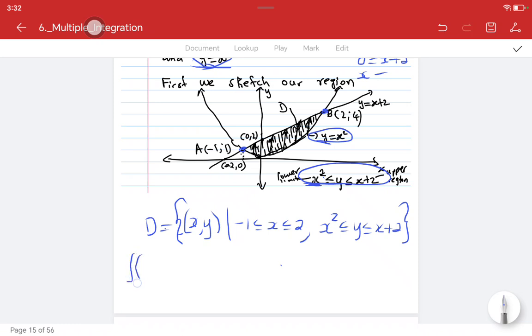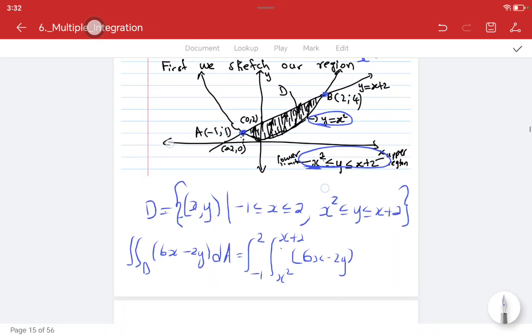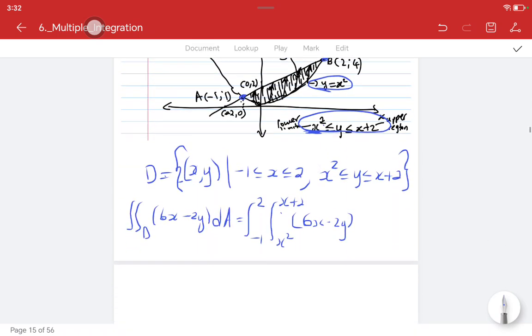So we know that the integral over D of 6x minus 2y dA will be equal to the integral from minus 1 to 2 of the integral from x squared to x plus 2 of 6x minus 2y, right? What's inside is the one with respect to y, the one which is outside with respect to x. So let's check if we can integrate this. You see, we can easily integrate this. This one will give us 6xy.